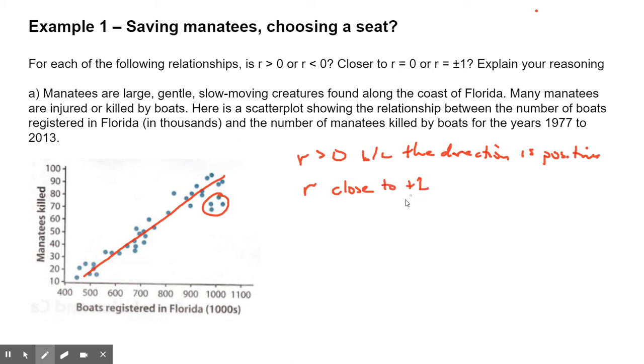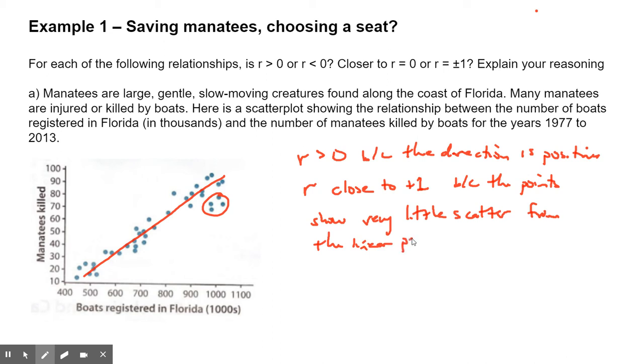It's close to +1 because it's a positive relationship, and that's because the points show very little scatter from the linear pattern. All right, and there we go. So there are our two answers for this scatter plot.